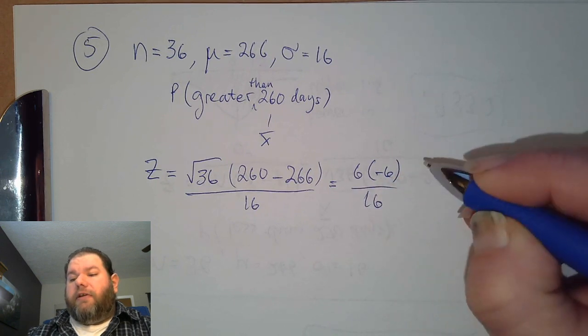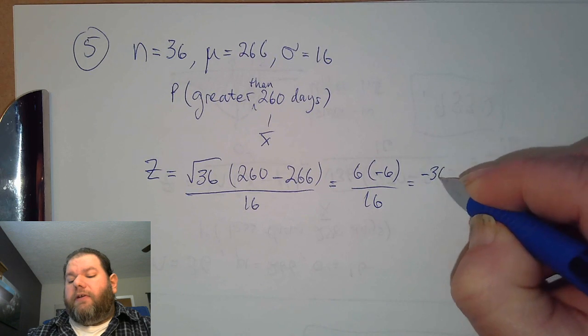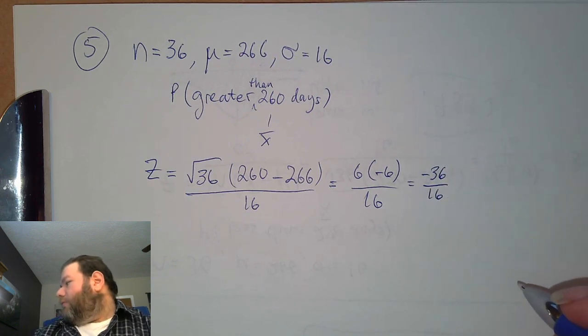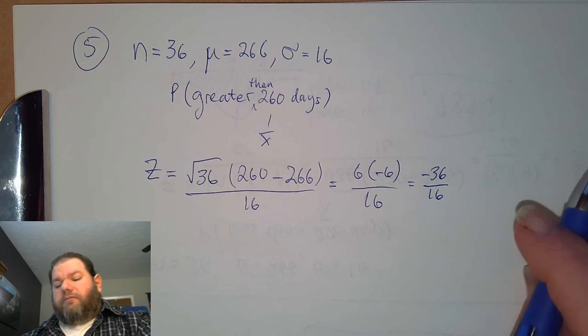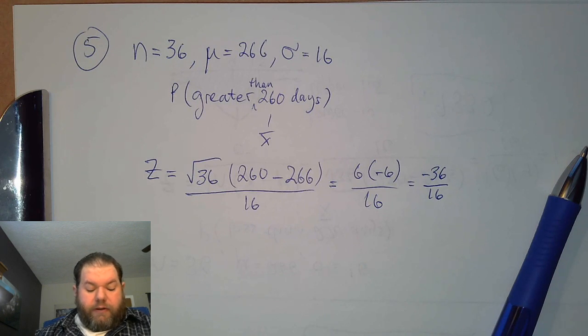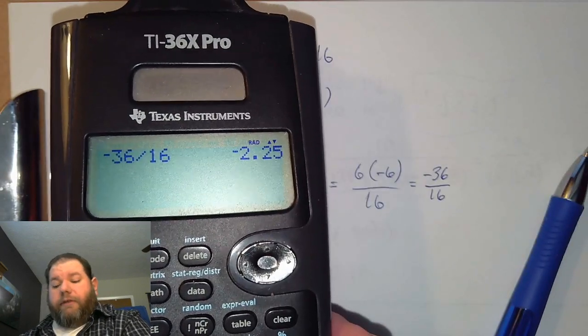And we have a 16 on the bottom. Negative 36 over 16. It's like 2.25. Let me double check. Negative 36 divided by 16. Yes. Negative 2.25.